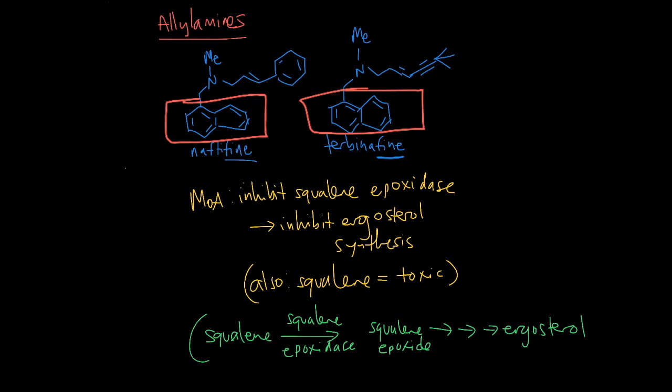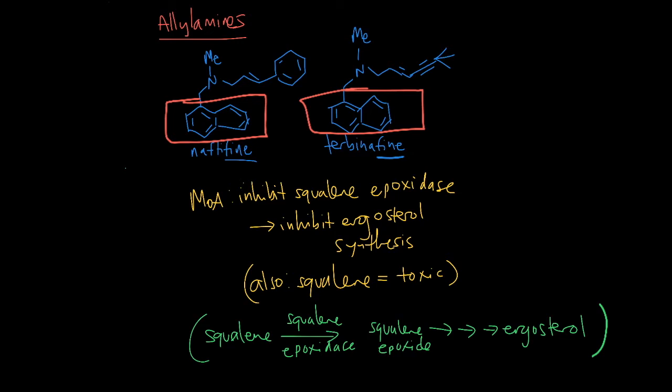Mechanism of action. So here's a basic synthesis reaction of ergosterol. Ergosterol is formed by squalene, which forms squalene epoxide by squalene epoxidase. So the mechanism of action of your allylamines is that they inhibit squalene epoxidase.